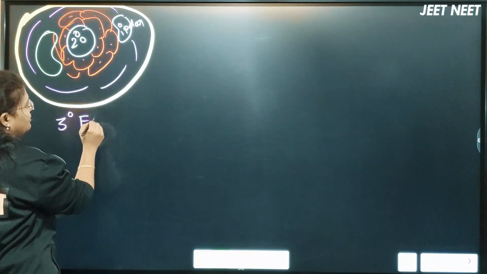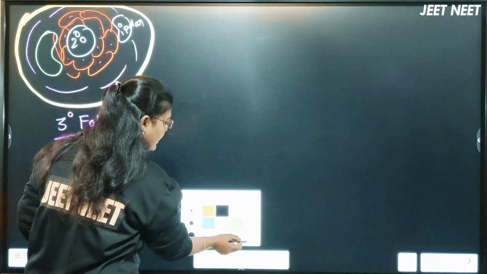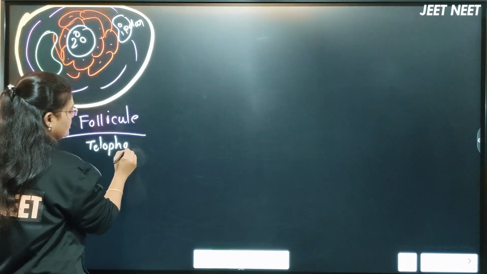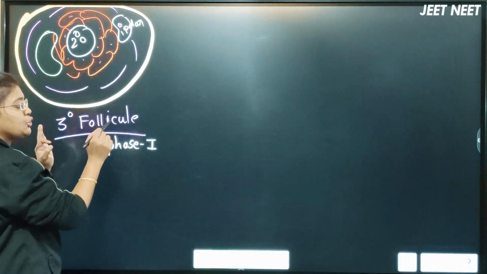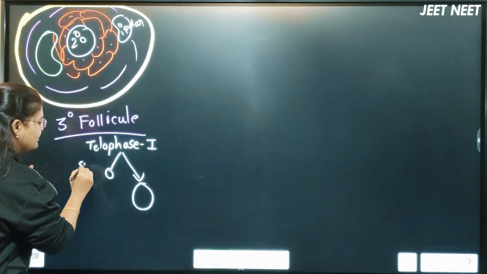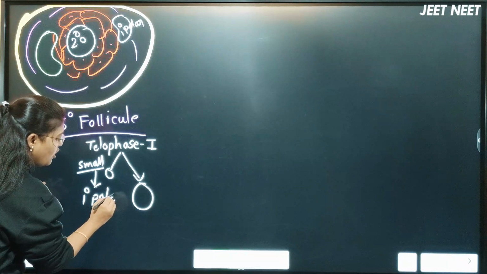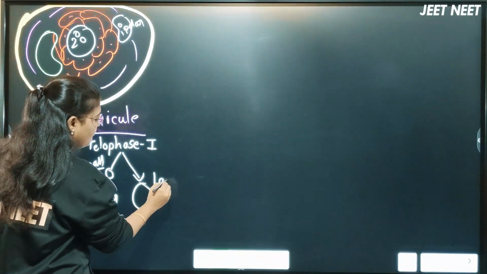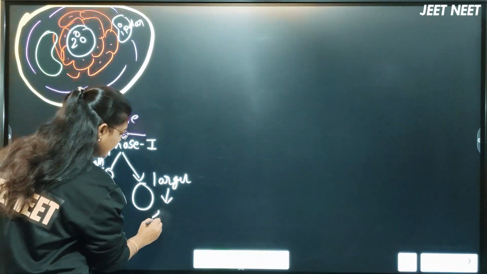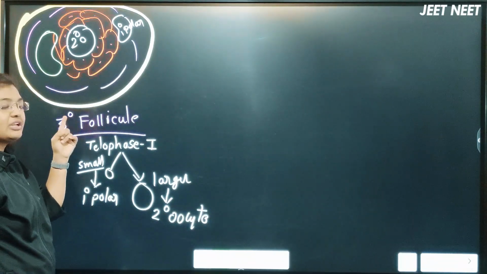This is the structure called the tertiary follicle. Now this tertiary follicle completes the division of telophase 1. By that, two cells have been produced: the smaller cell, which we consider the primary polar body, and the larger cell, which we consider the secondary oocyte, which we have drawn in this structure of the tertiary follicle.